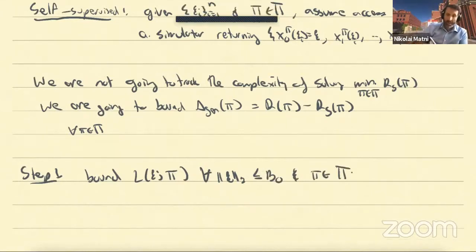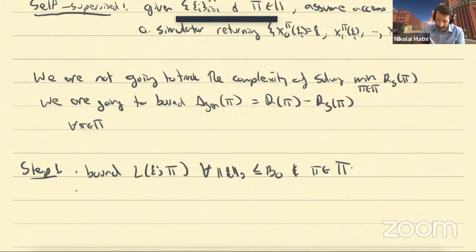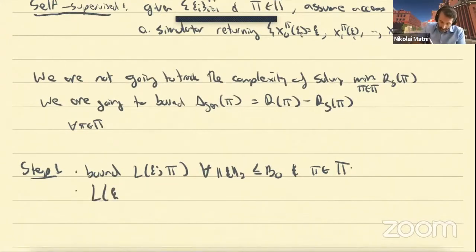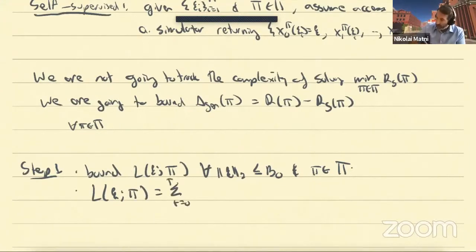Right, so I set this up in a way to make this not too hard to deal with, in the sense that what's this loss equal to? It's equal to exactly the norm of the rollout of the trajectories.